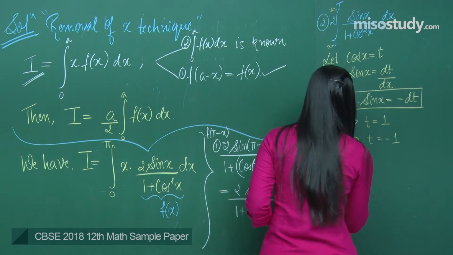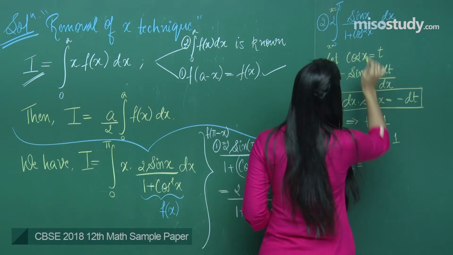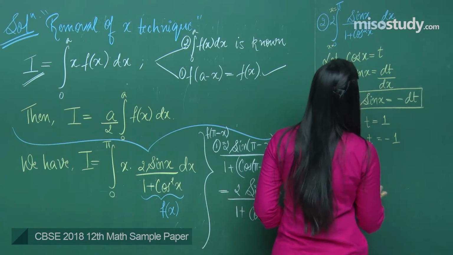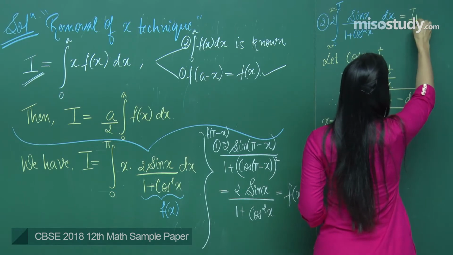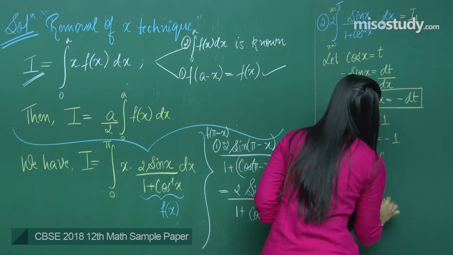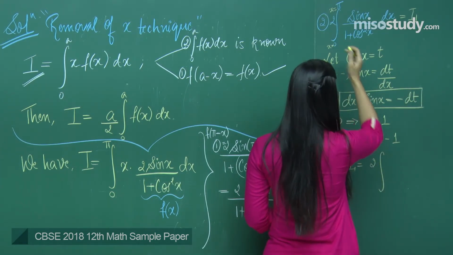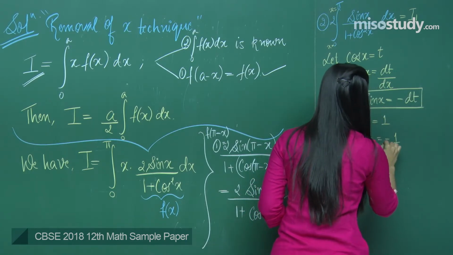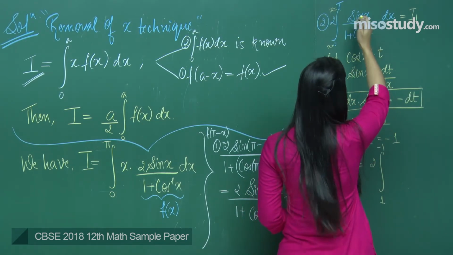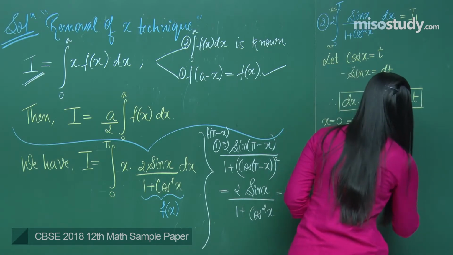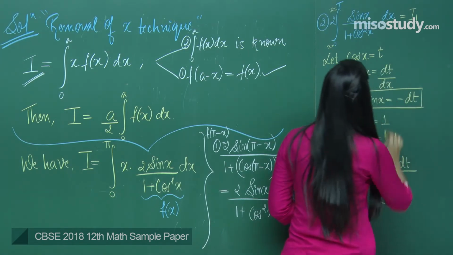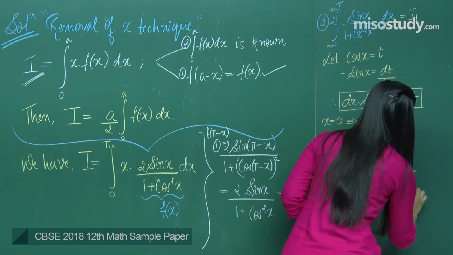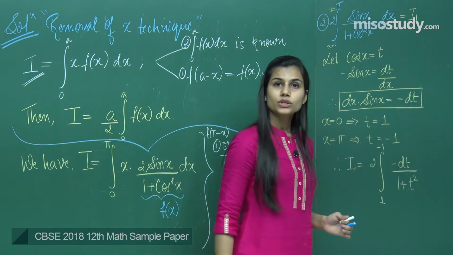Now, therefore, our integral becomes what? Let me say this is I1. So I1 becomes twice the integral, for 0 it was 1, so from 1 to minus 1. Then sin x dx is your minus dt whole upon 1 plus t square. This is what you have.